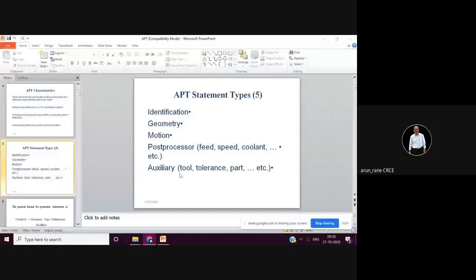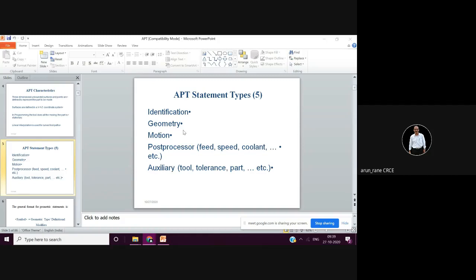In geometry statements, you have to define the geometry of the component, that is, the drawing. You know any component or drawing is made out of points, lines, and circles or arcs. The basic entity is the point. Forget about lines and arcs, because a line is also made out of points, and an arc or circle is also made out of points, isn't it?